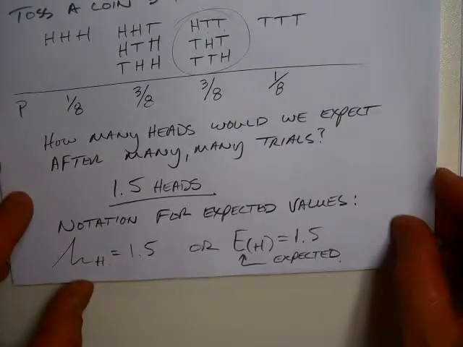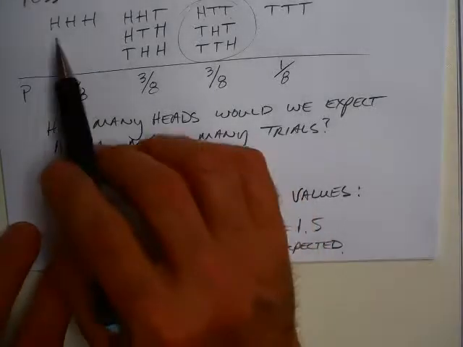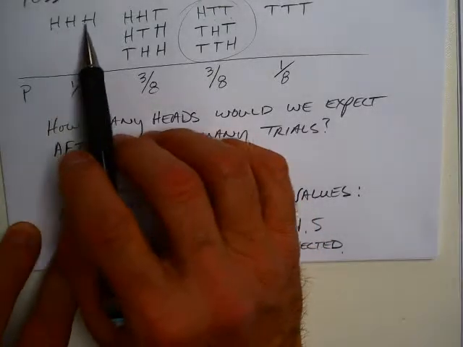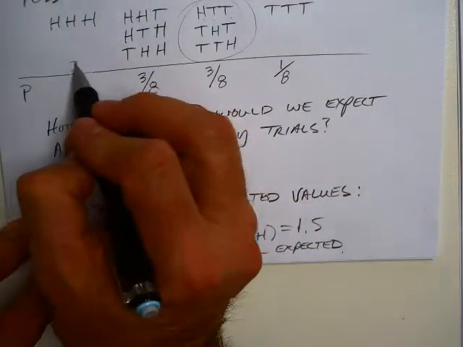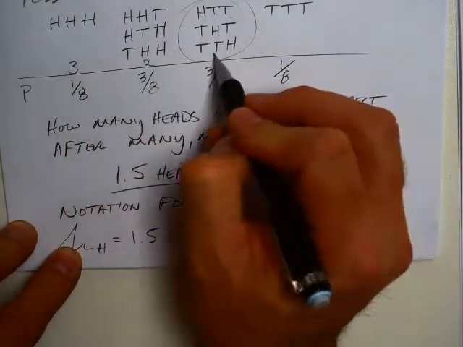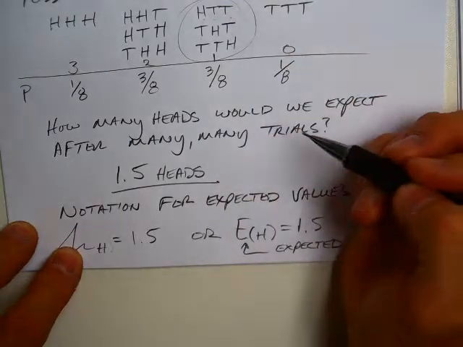Can you explain the 1.5 heads? Yeah. So if I took all of these numbers, this would be 3 heads, this would be 2 heads, this would be 1 head, and this would be 0 heads, right?